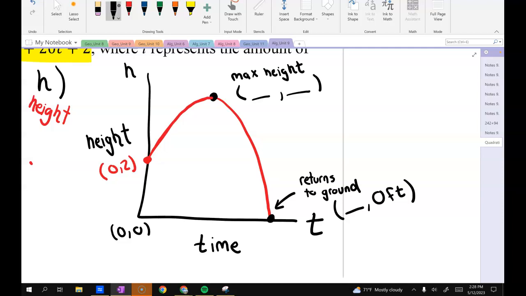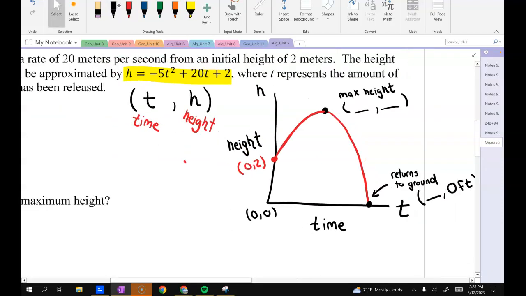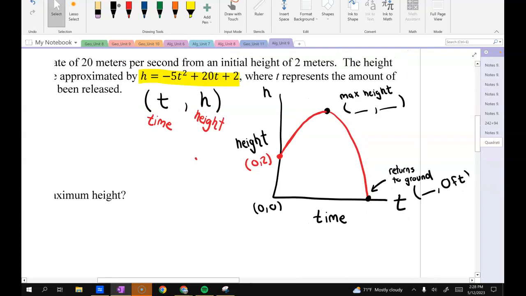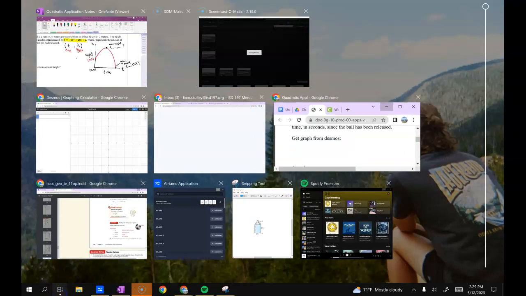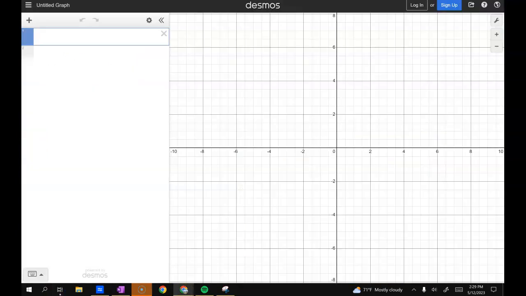So now we're going to flip over to Desmos, and we're going to type in that quadratic that I have highlighted in yellow. So flipping over to our graphing Desmos. We're going to type it in just as we see it.